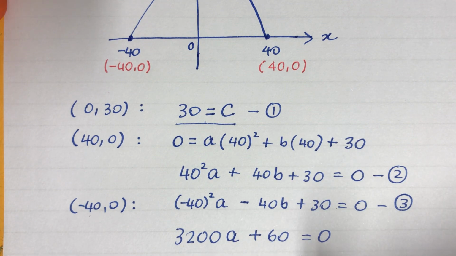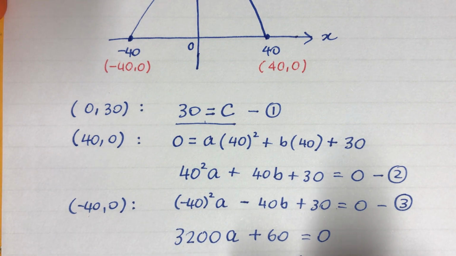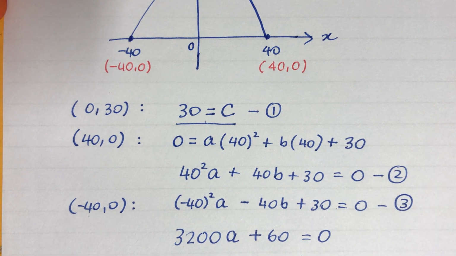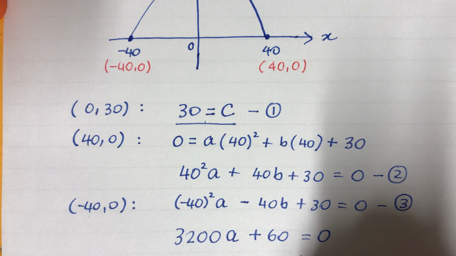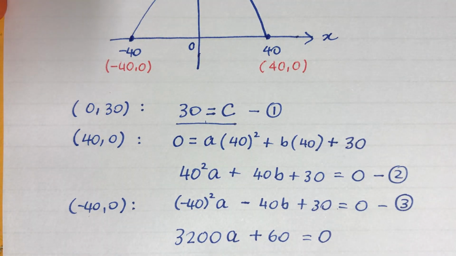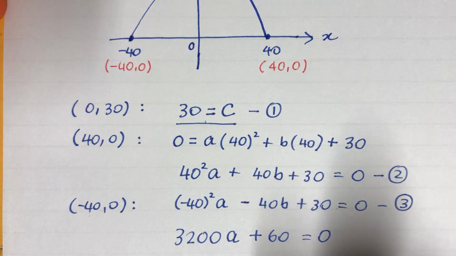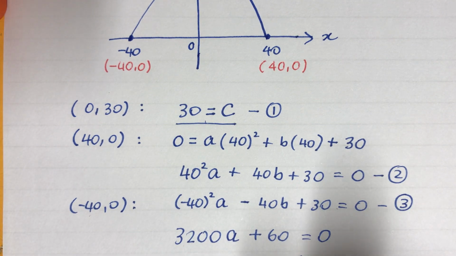So I'll go 3200a equals minus 60, and a will be minus 60 over 3,200.